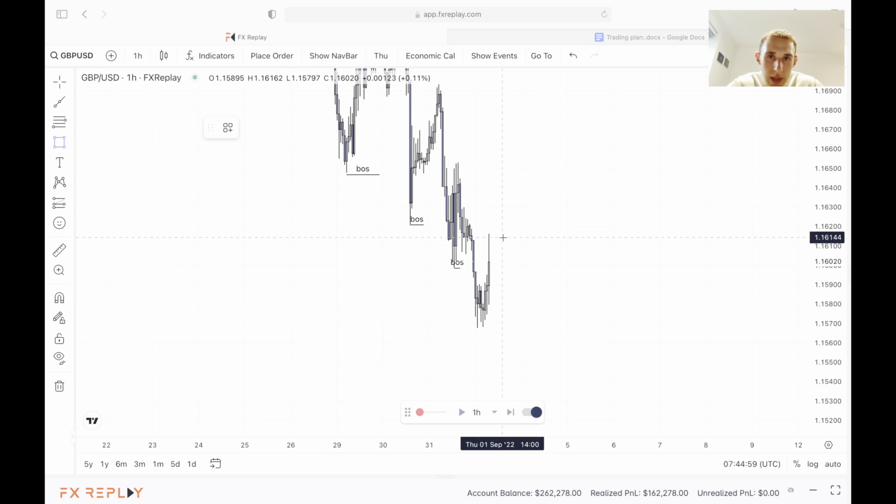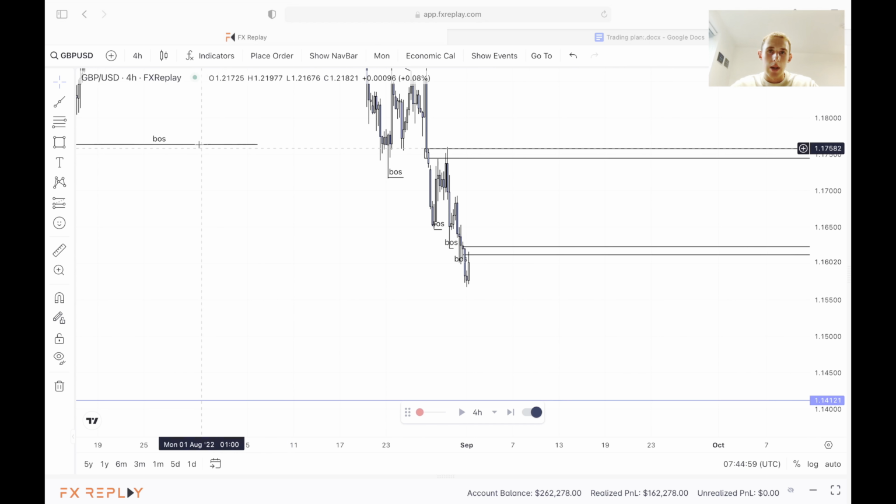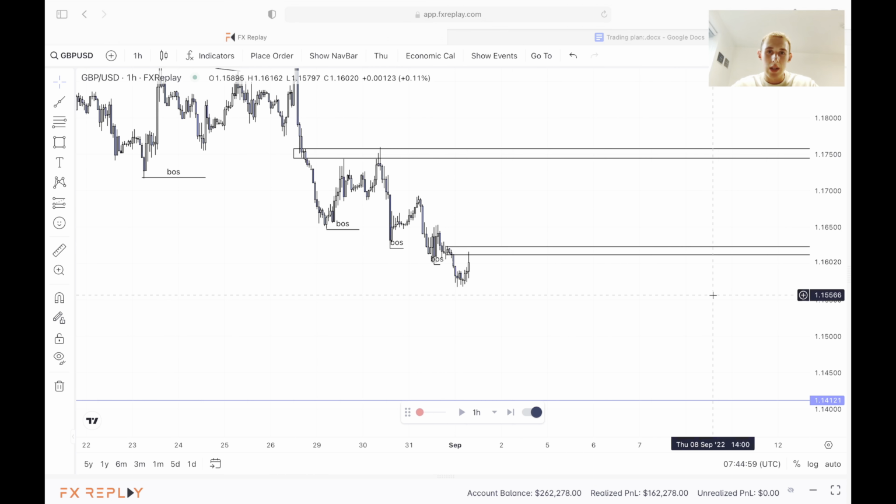Sort of have this zone. Also being cautious because the daily looks a bit overextended, like it's due a pullback, maybe to this zone. So yeah, we'll see what happens there.